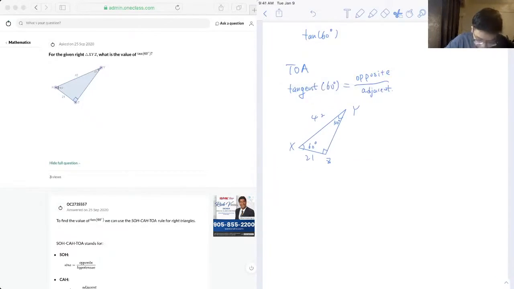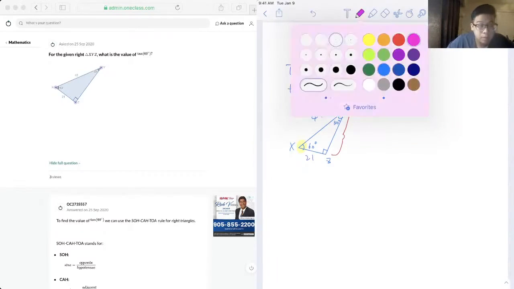Since it's asking for the tangent of the 60-degree angle, we only focus on angle X. We already have the value of our adjacent side, but the value of the opposite side is missing, which means we're missing YZ, the length of YZ.